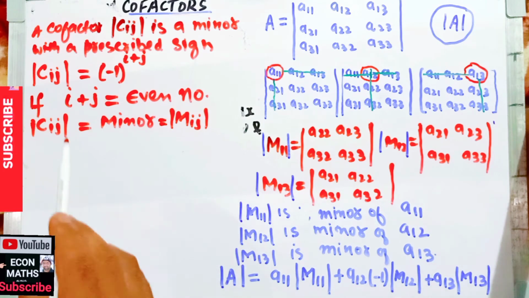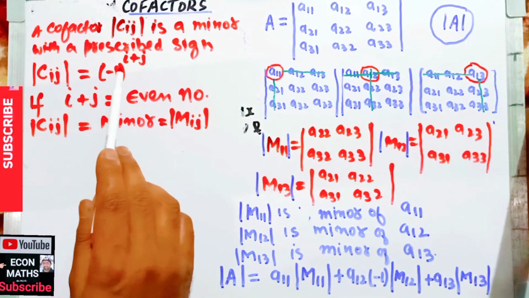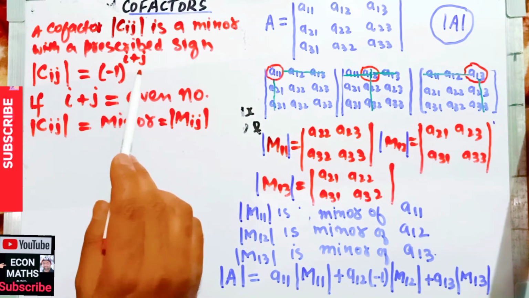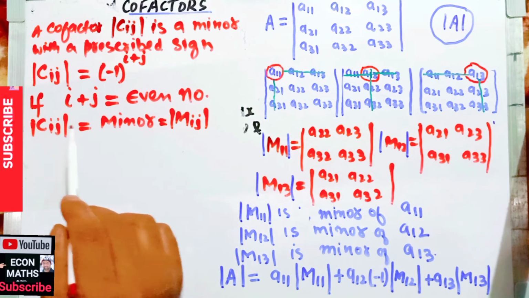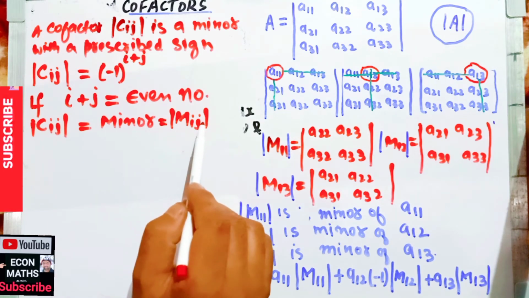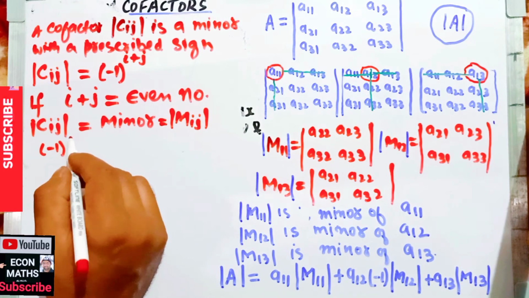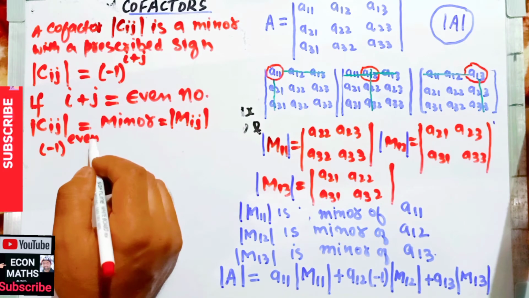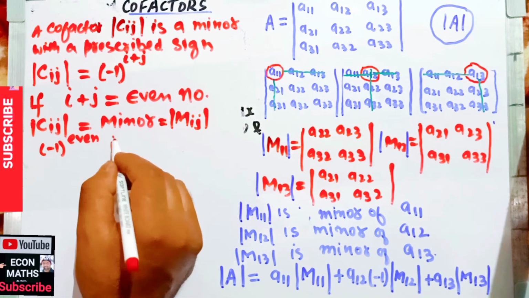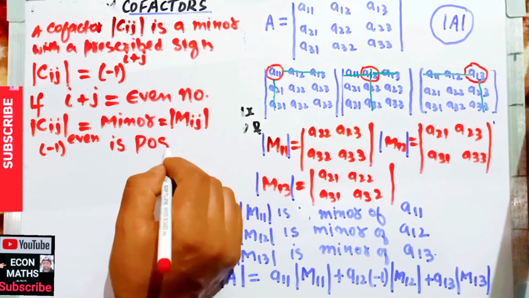Because -1 raised to an even power is always positive.